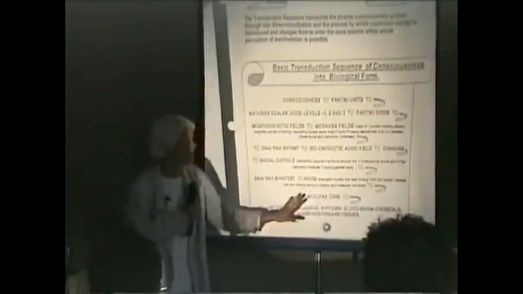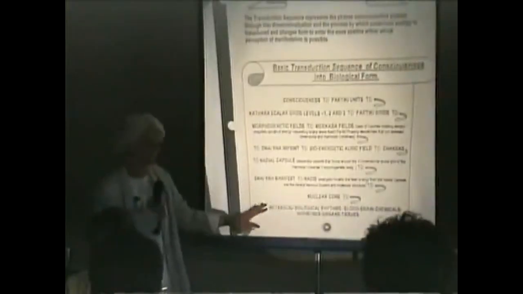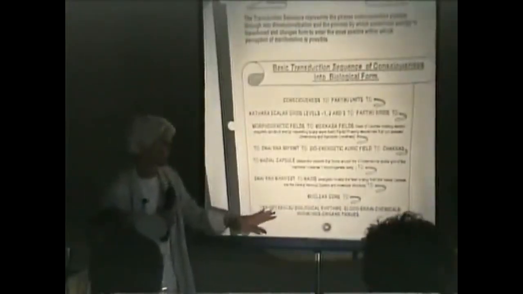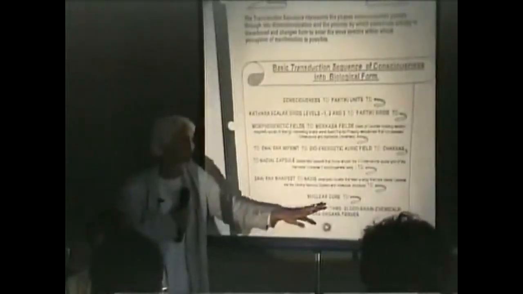And then from there it goes up into, in a biological system, central nervous system, metabolic rates, biological rhythms, the blood-brain chemicals. This is where you manifest.